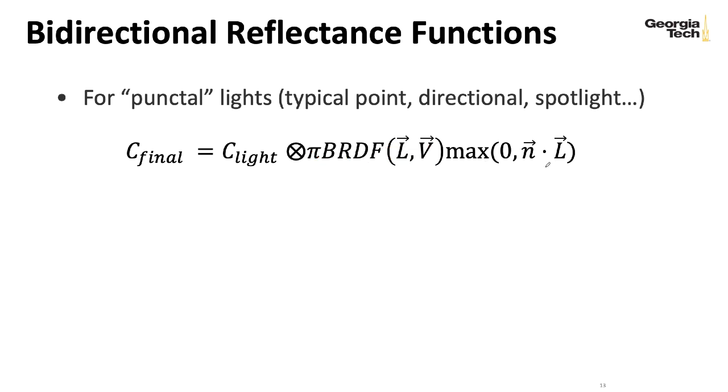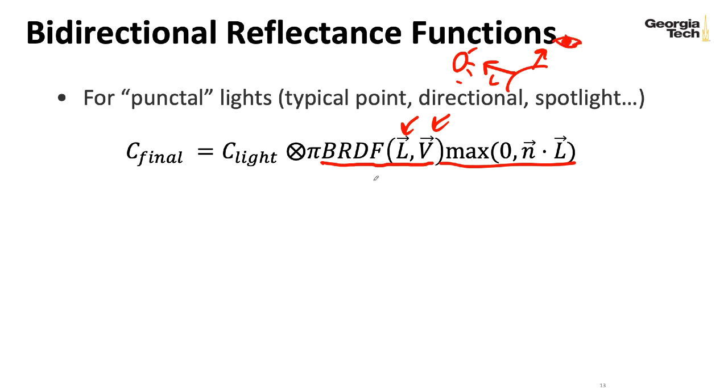So here we have that Lambertian term, that computed diffuse light, but now we're including something called the bidirectional reflectance function. This is a function of that angle with which the light is coming in. Although I should say when I say coming in, the convention is that the light vector is actually pointing towards the light source. And same thing with the viewing vector. It's pointing towards the eyeball. So there's the eyeball.